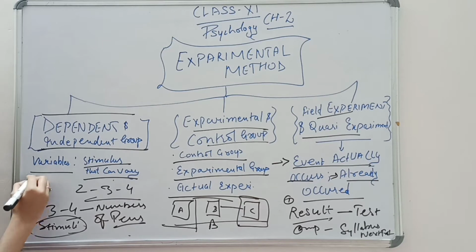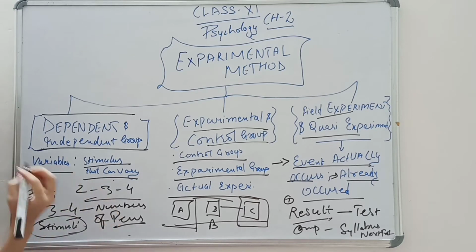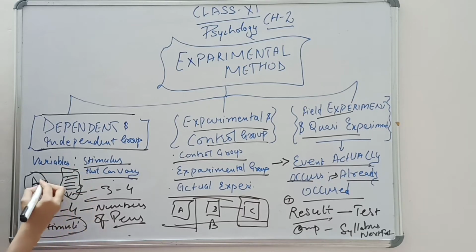Like if I am doing it on Mr. A, then he will be the stimulus, and there are a number of people, so they are the variables. Maybe if we want to see the temperature, it will be one variable.